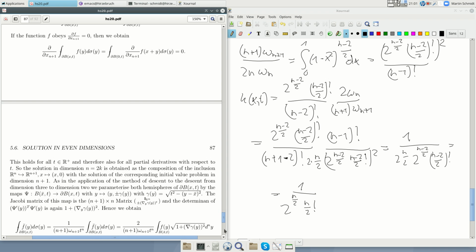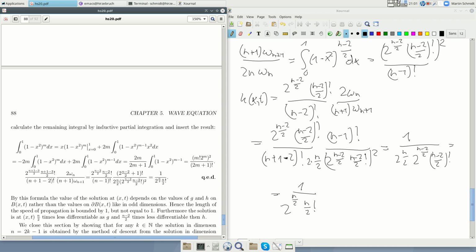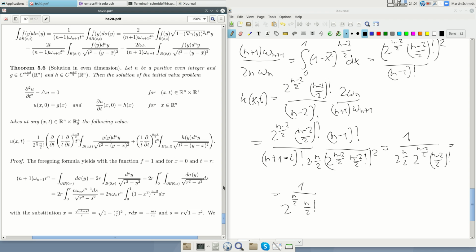For this reason we get this power t to the power of n in our formula. So this explains this formula, and this proves now this theorem. So we have now the formula for all even dimensions.